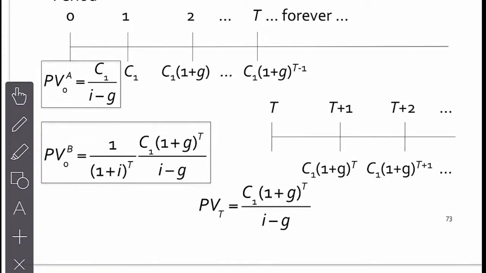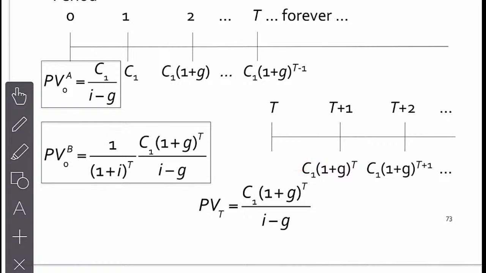This is the value of those to be received in the future at time T, and I want to subtract them from the perpetuity. So I want to adjust the growing perpetuity for these amounts I'm not going to get. I hope your eyes are not glazing over, stay with me.